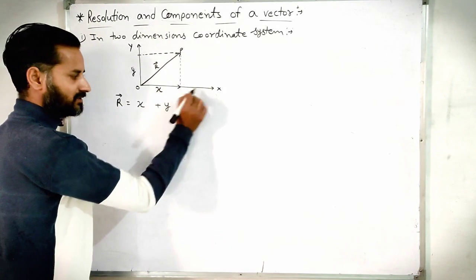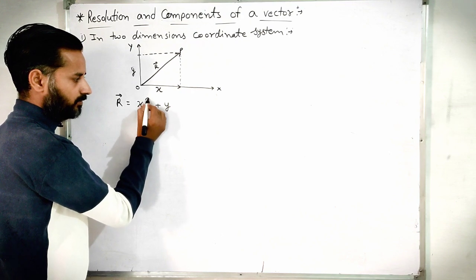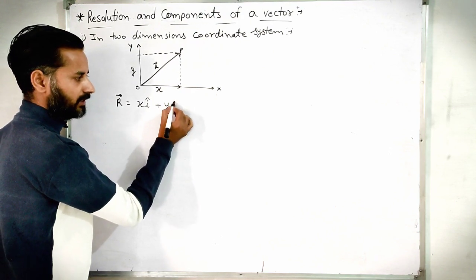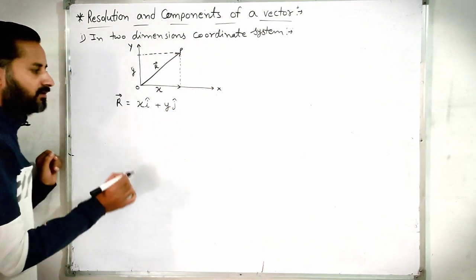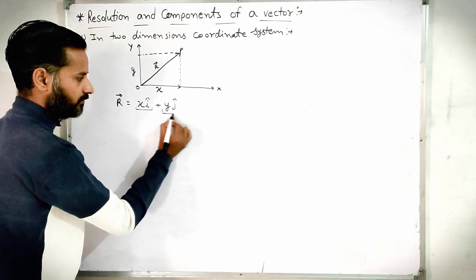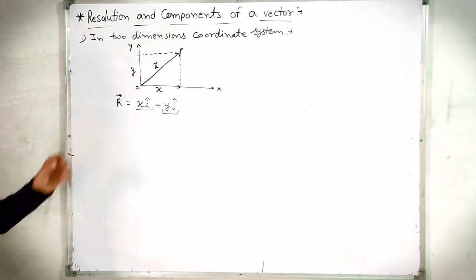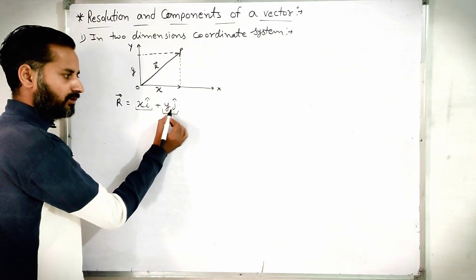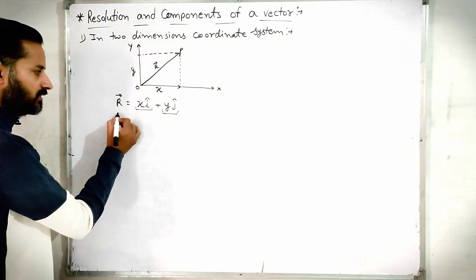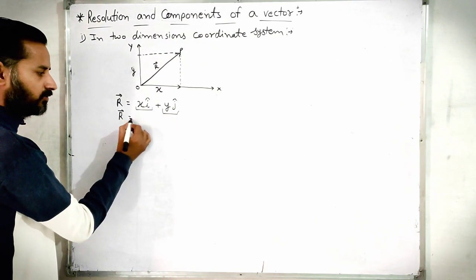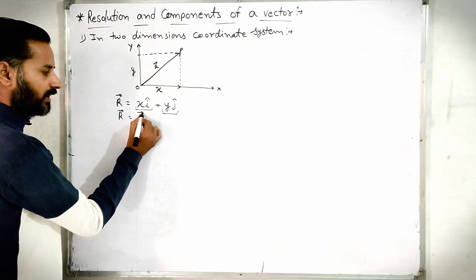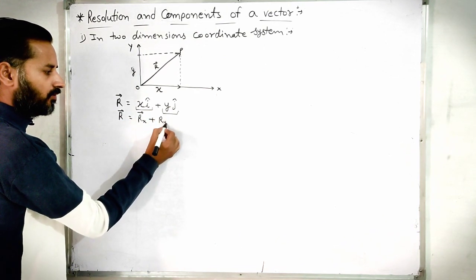So in the x-axis the direction is i cap, and in the y-axis the direction is j cap. So this will be our vector, and these are the components of vector r. This will be the x component, this will be the y component, and this can be written as r equal to rx vector plus ry vector.